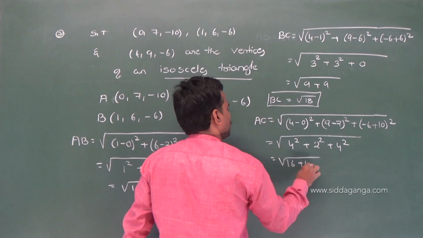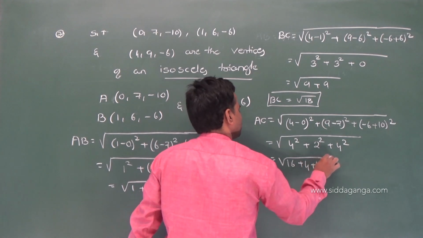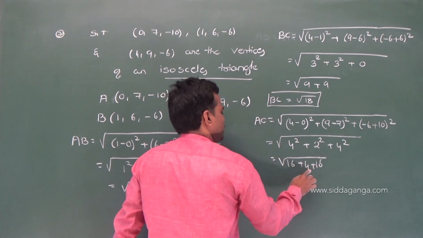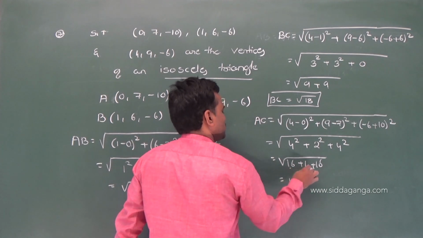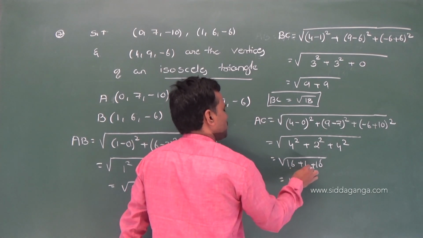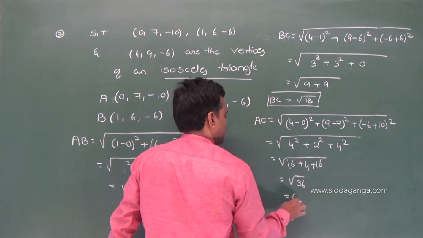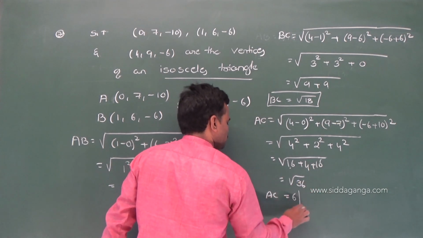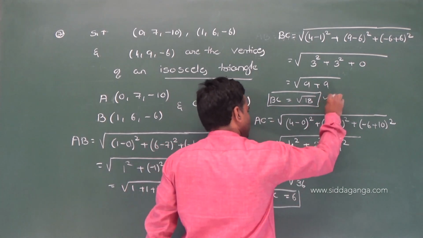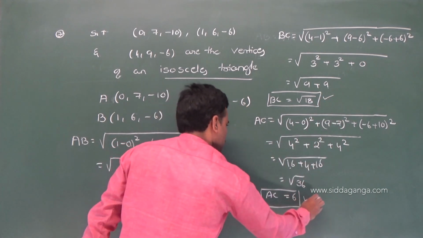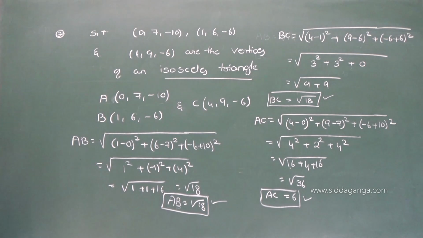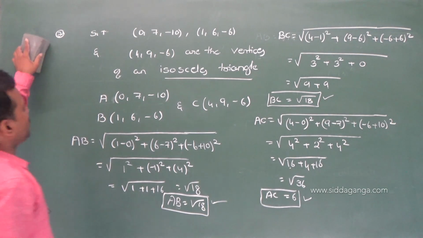That is 16 plus 4 plus 16. 16 plus 4 is how much? 20. 20 plus 16 is 36. Observe these three values.